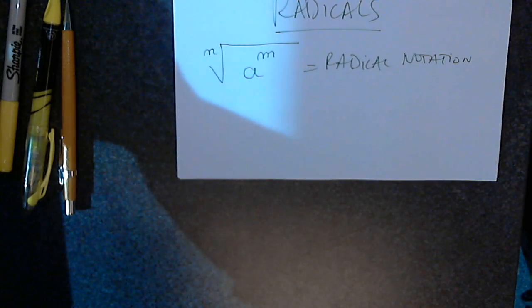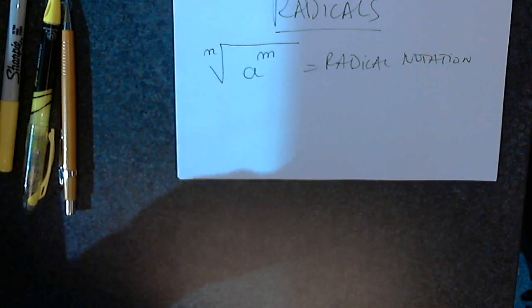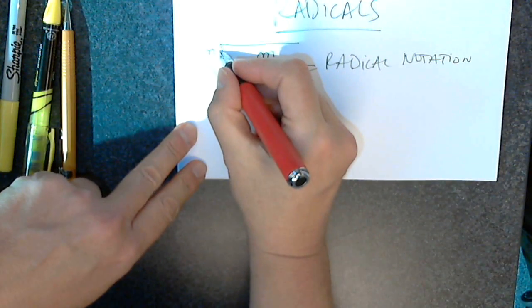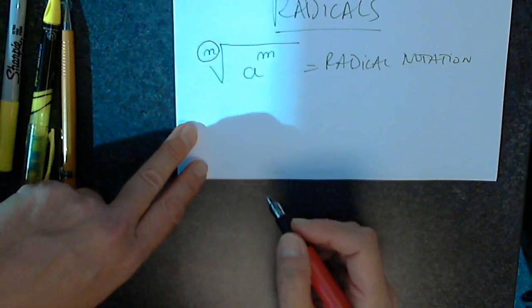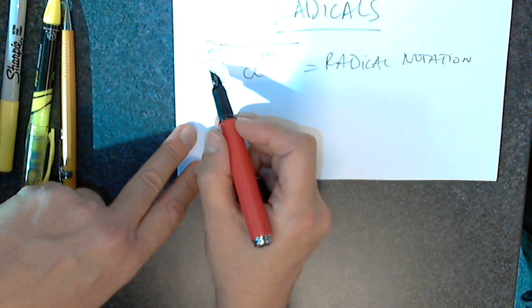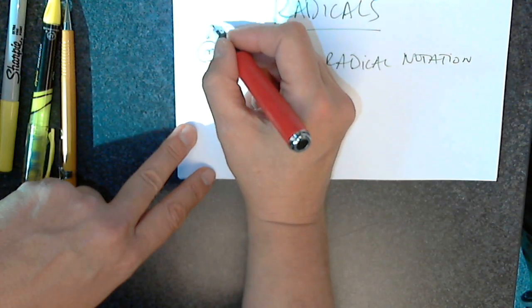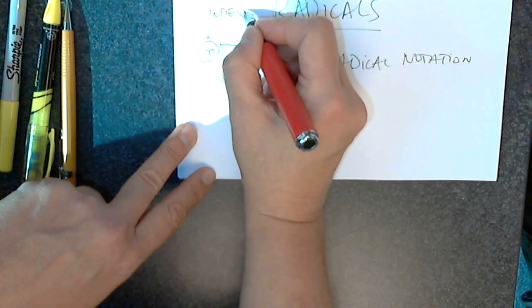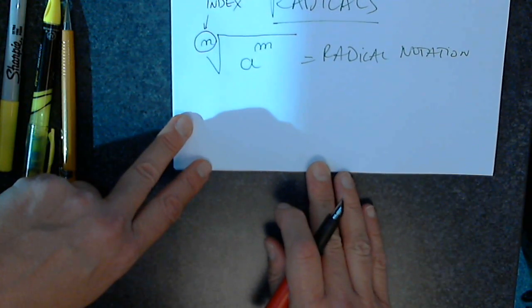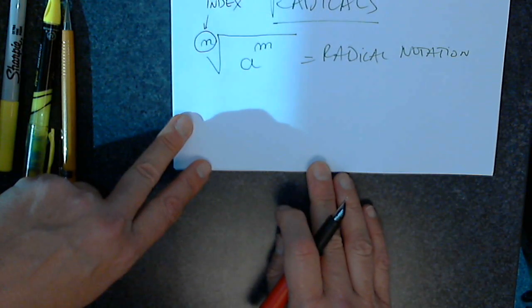Of course, every little piece has a name. This is extremely important. The radical cannot exist without this. And this is called index. The index cannot be anything.